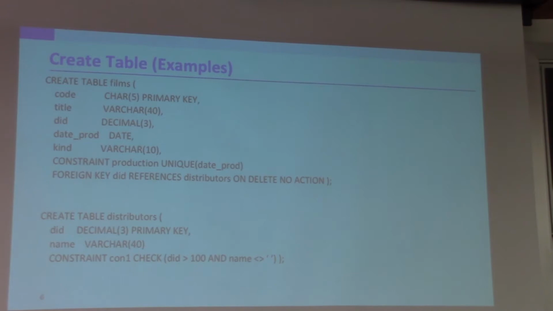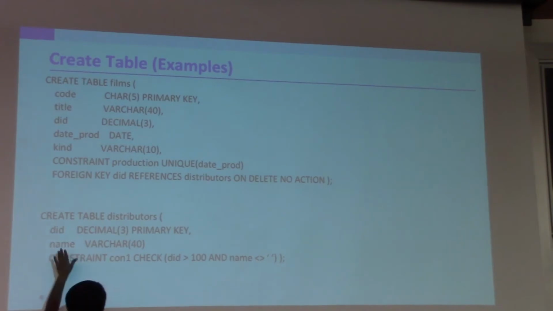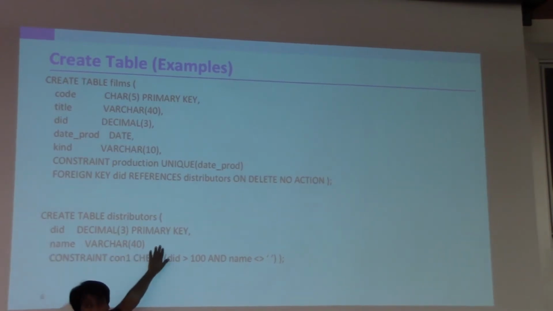But this one we can rewrite with column constraint, right? Because there is an AND clause. So DID I can do check with DID greater than 100, and for the name it should not be null.